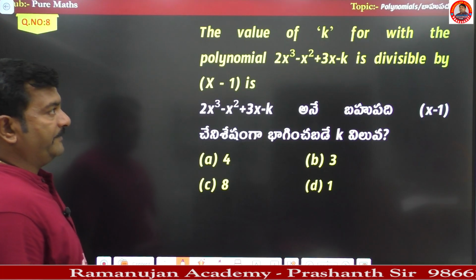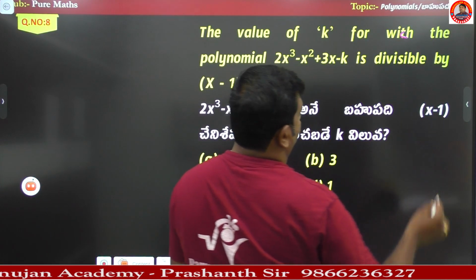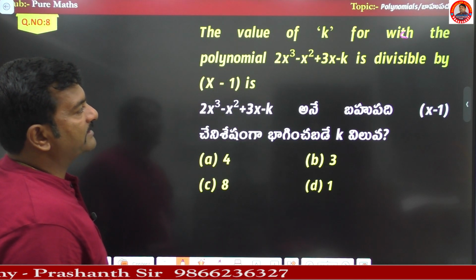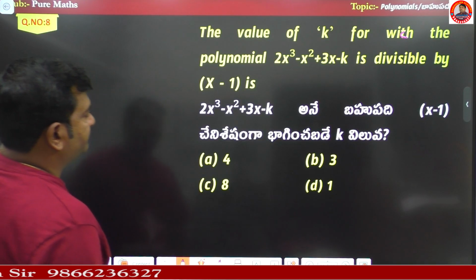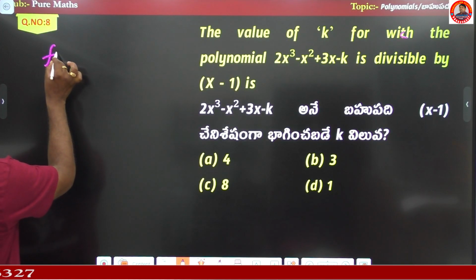The value of k for which the polynomial 2x cube minus x square plus 3x minus k is divisible by x minus 1. Simply he has given one polynomial. What is the given f of x polynomial?